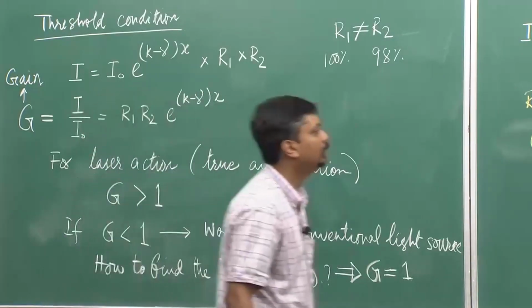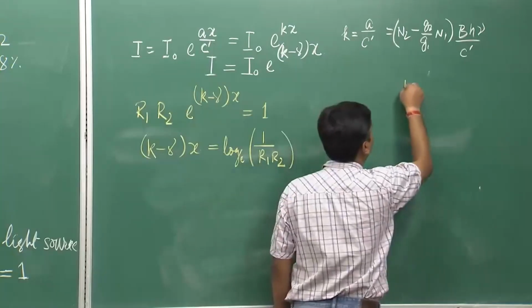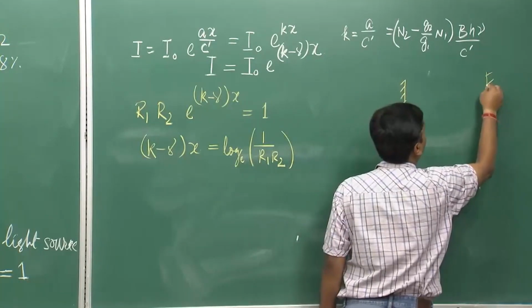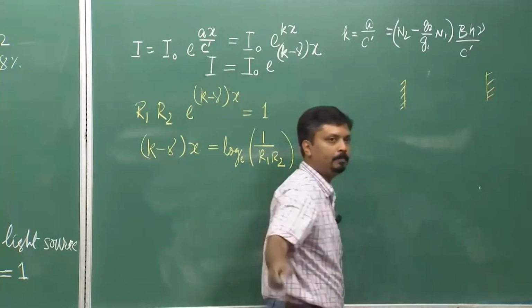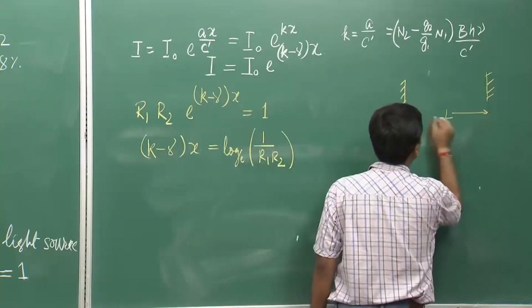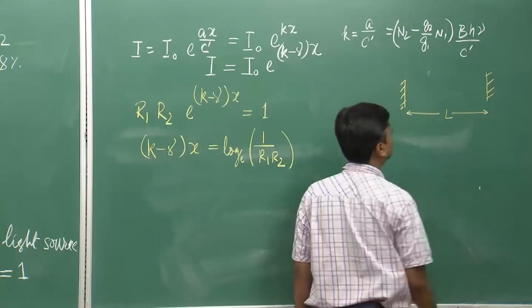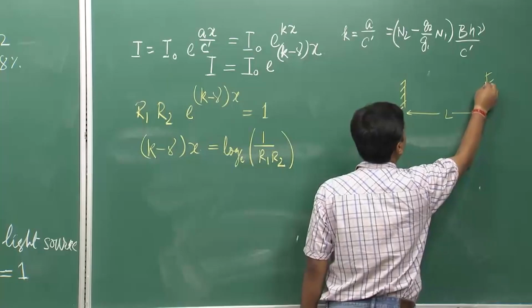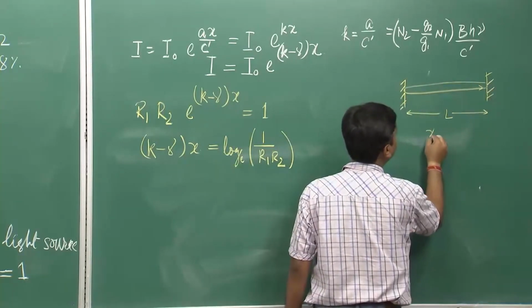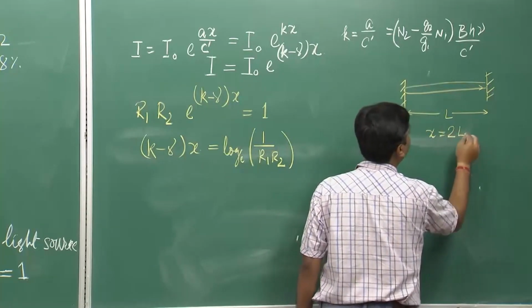This x is essentially my cavity length for a round trip. This length is L, we have learned this in the last few classes. One round trip means going and coming back, which means x is essentially 2L.